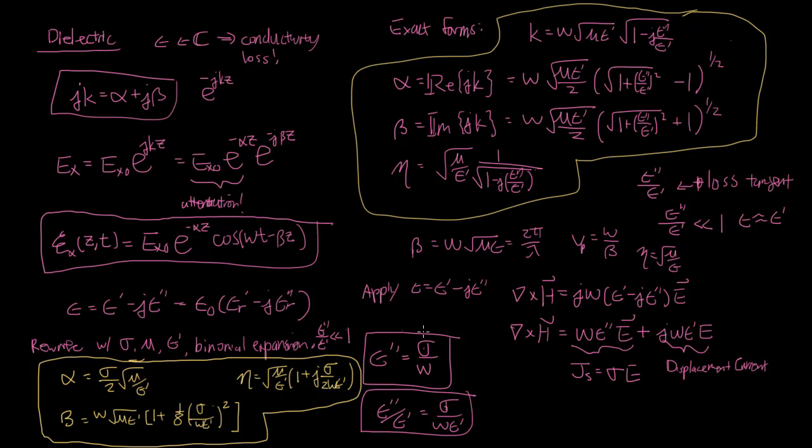And so through that, with some other mathematical tricks, we have this alternate way of calculating alpha, beta, and eta that's valid for good dielectrics, in other words, valid when the loss tangent, epsilon double prime over epsilon prime, is much less than 1.